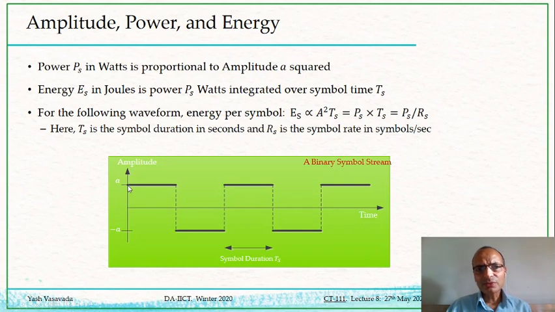Let us say that we have used rectangular pulse function, and again let us assume for the sake of simplicity that the transmitted signal is BPSK. Then the power is going to be proportional to the amplitude squared. In this case it will be A squared.